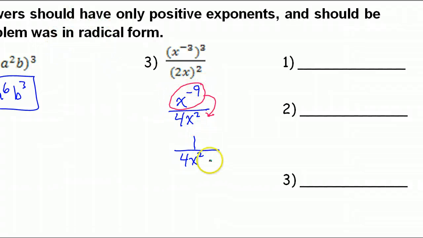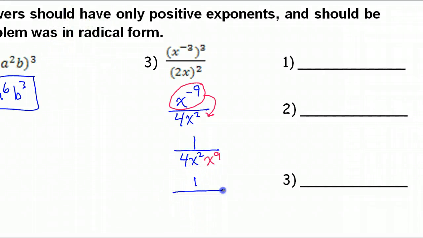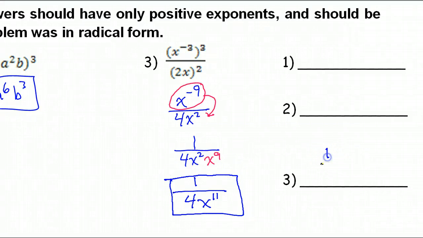But this x to the -9th power drops down and becomes x to the 9th power. When I multiply these together, I add the exponents. So that'll be 11. So my final answer for number 3 will be 1 over 4x to the 11th power. Just like that.